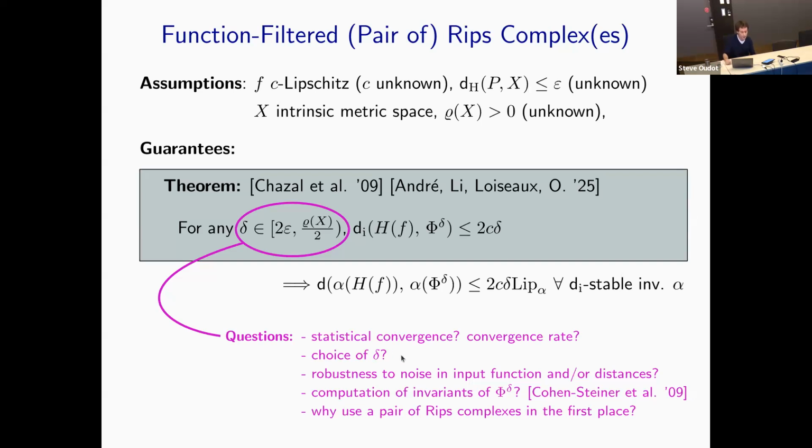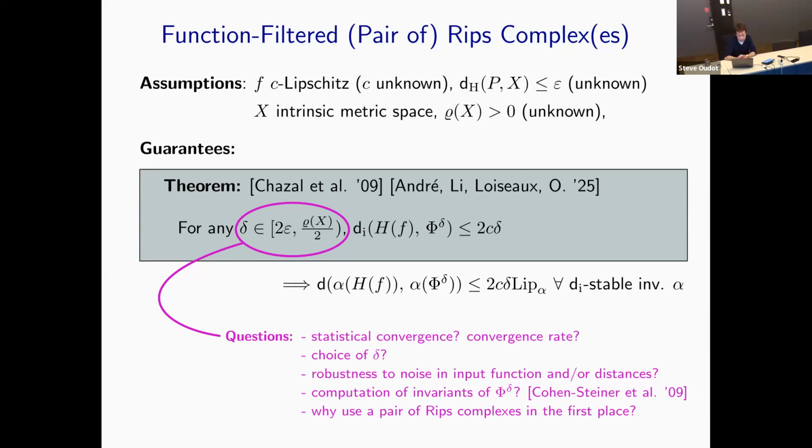Then there's the question of choosing delta, because delta is a parameter. If you want to get statistical convergence, you will need to adapt your delta to the size of your sampling. And then, of course, in this result we're assuming that we're given exact function values at the data points and exact pairwise distances between the data points. In practice, it's very rare to have exact function values. Usually those come from measurements or from estimations, so they're rarely exact.